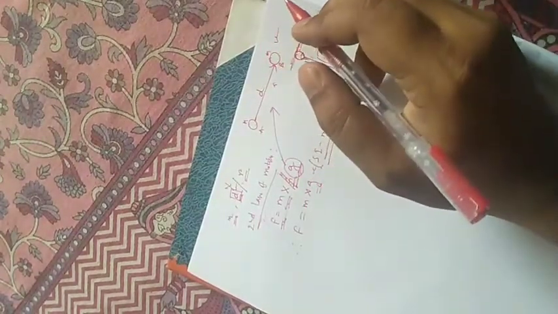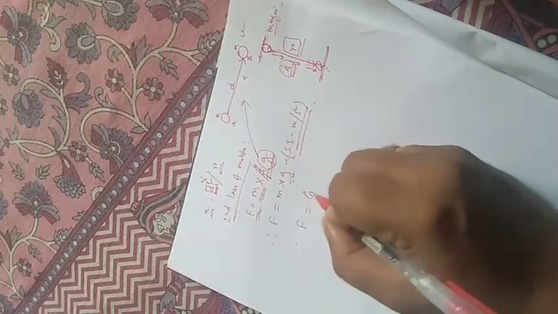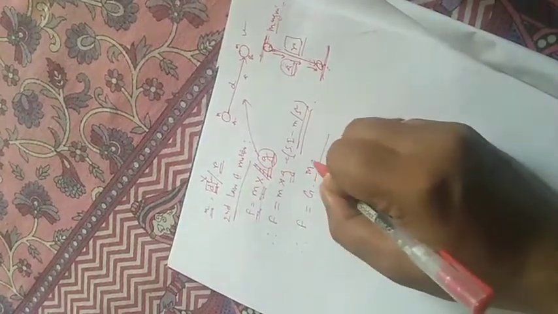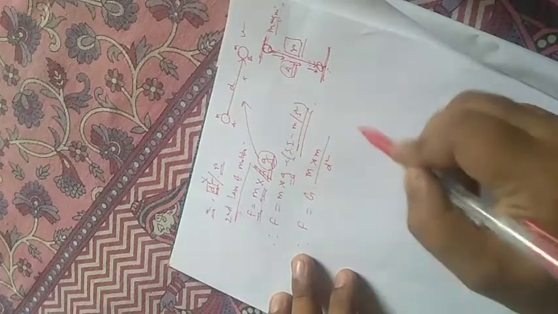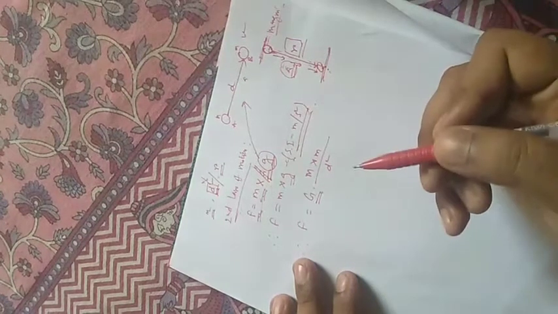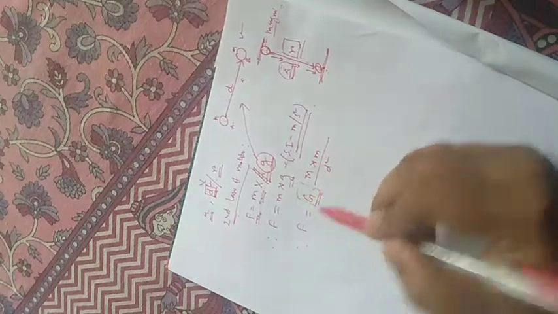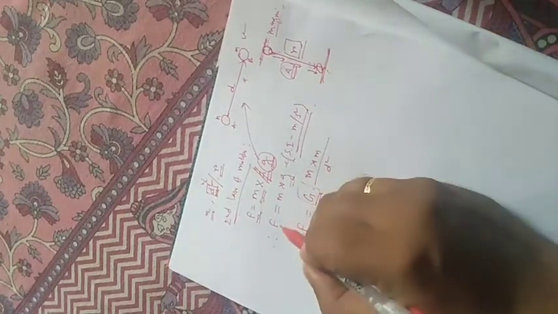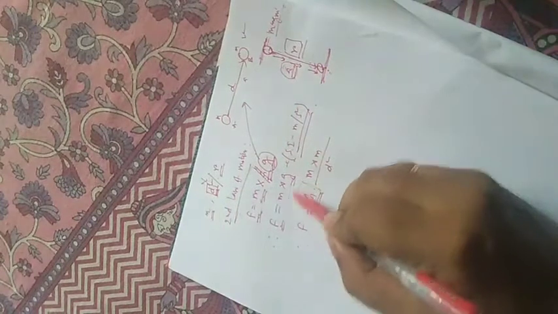Now we have already told that when we calculate the constant of the gravitational force, we have got the final value of it, that is F equal to capital G into capital M into small m by d square. This was the final formula of the law of gravitational force, where we have got the proportional constant of the gravitation, that is denoted as capital G. Now look, we have already got from the second law of motion, according to this free fall, F equal to m into g.